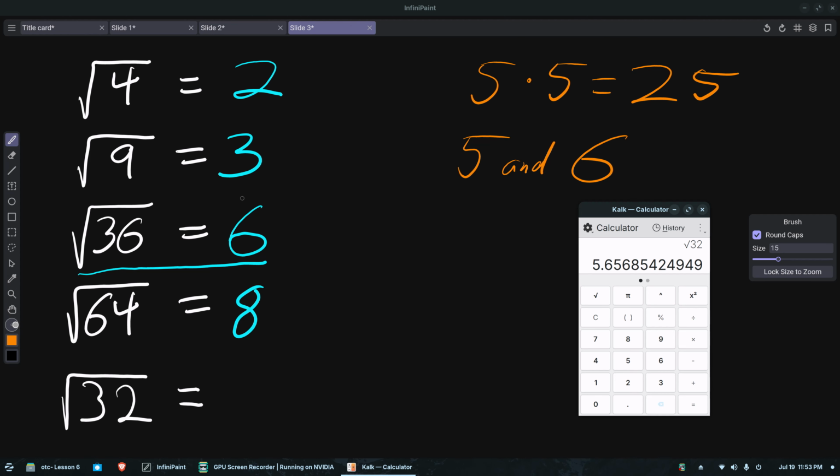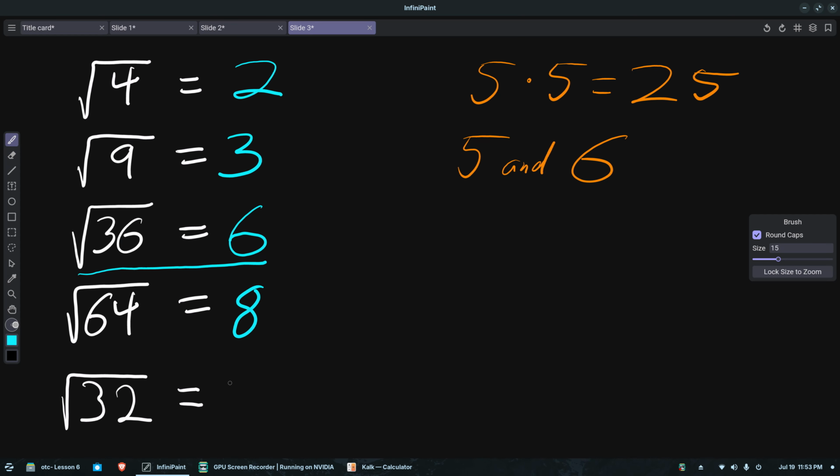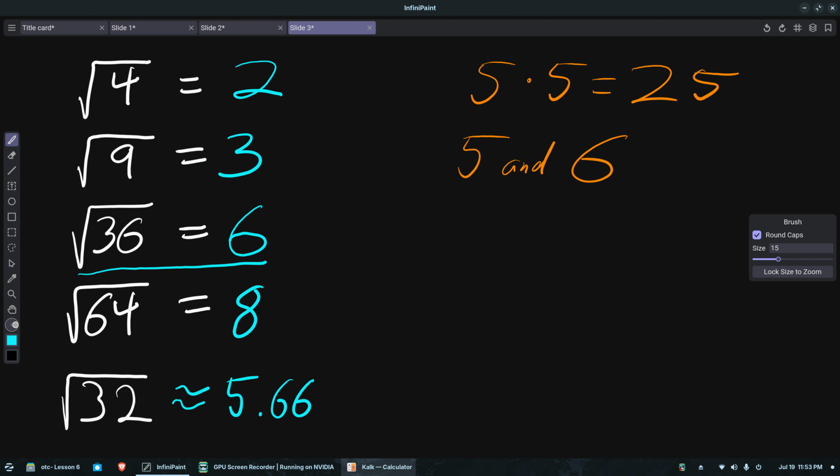I'm going to round it to the nearest hundredth. So I'm going to write that the answer to this is 5.66, or it's roughly equal to this. I'm even going to erase the equal sign, and I'm going to put a roughly equal sign, just so that you know that it's not actually completely equal to this.